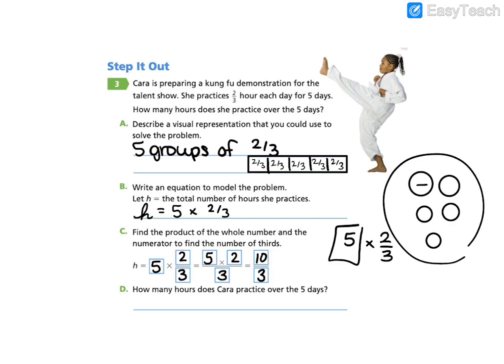My denominator would be 1 in each, right? 1, 1, 1 whole. So I'm really just multiplying here by 5 over 1 because it's 5 wholes. That's why we're not multiplying that denominator by 5. Otherwise, we would be multiplying by 5/5. And we know this is equal to 1.